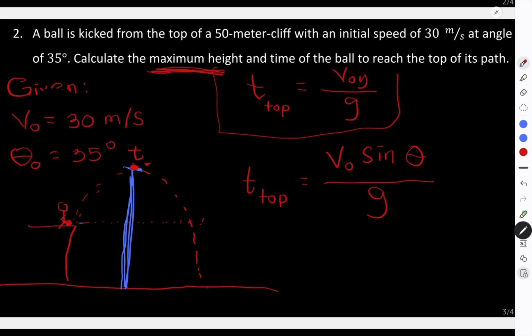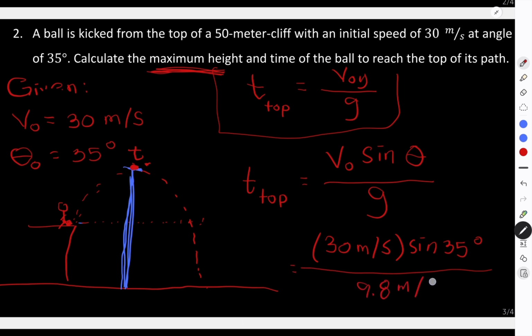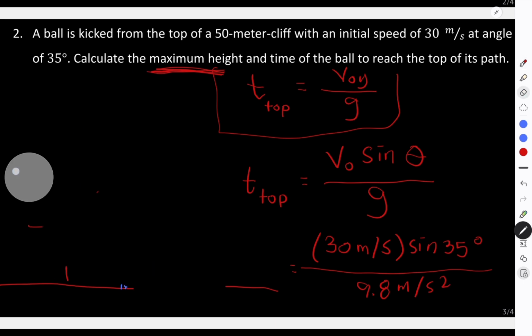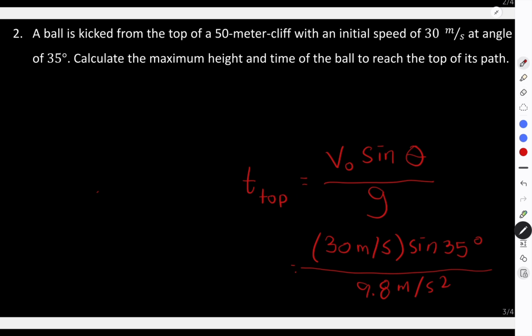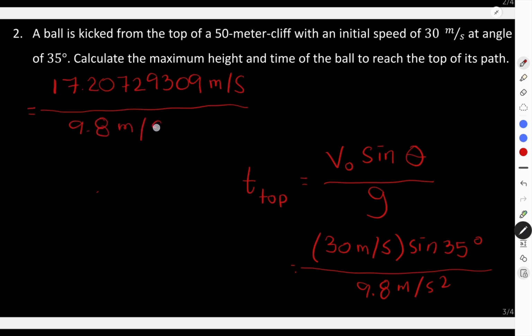Now let's proceed. Substitute our initial velocity, that is 30 meter per second, multiplied by our sine theta, that is 35 degrees, all over by our gravity as 9.8 meter per second squared. 30 meter per second multiplied by the sine of 35 degrees, that is 17.729309 meter per second, all over by 9.8 meter per second squared.